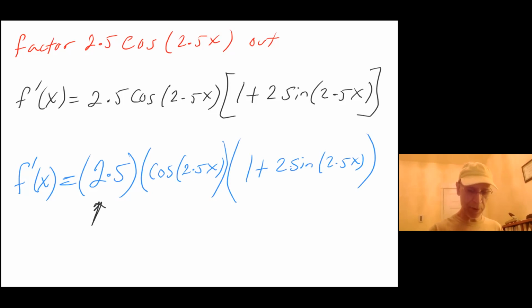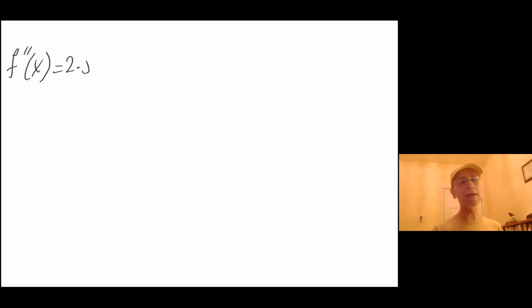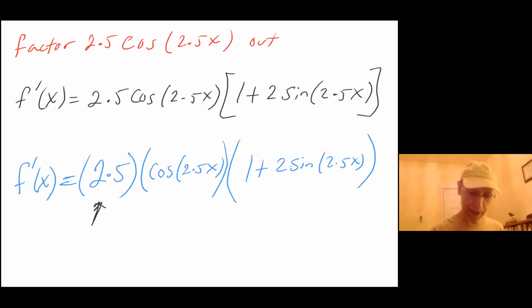So f double prime of x equals, here's my 2.5. Now I have to use the product rule. Remember that I have to take the derivative of the first one times the second one plus the derivative of the second one times the first one.